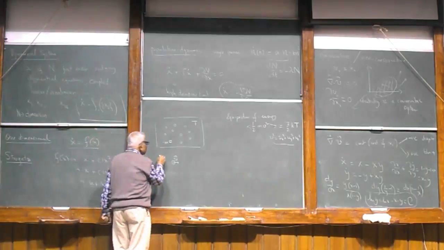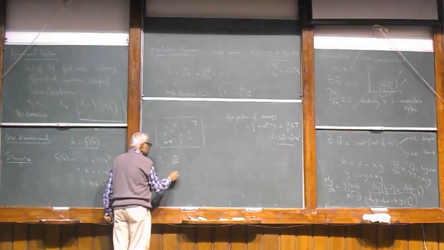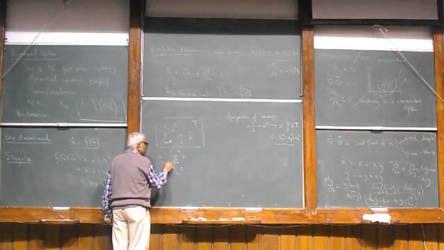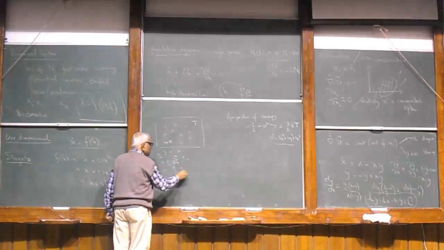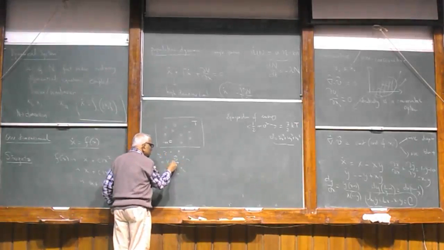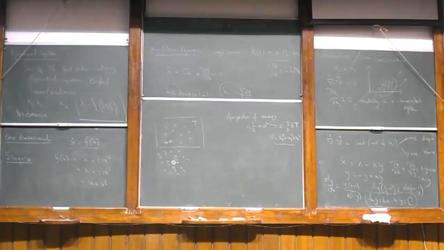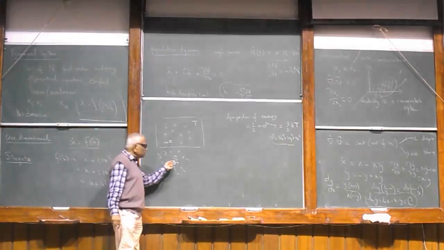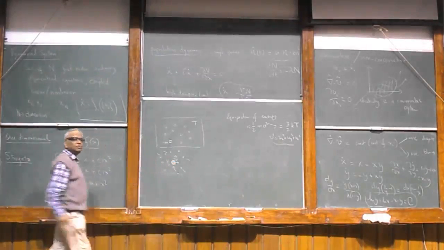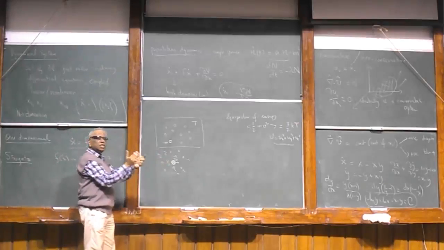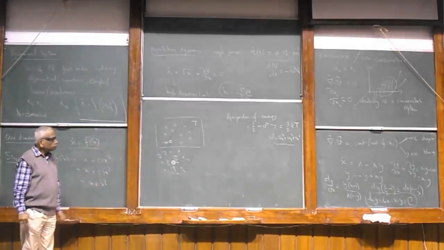Now there would be all these other particles which move around and are going to come and strike this chosen particle. I've just tagged a particular particle, and at this particular instant this particle is trying to drift with a velocity v, and all the others are going to try and come and hit it.